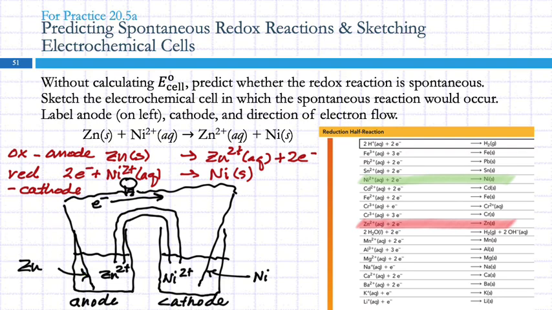If you have one where everything's aqueous, then you might have a platinum wire in here. That would be the cathode. But the reaction occurring at the cathode is the reduction half reaction. So the reactions occur at the electrodes, which is where the electrons can get transferred to other things.